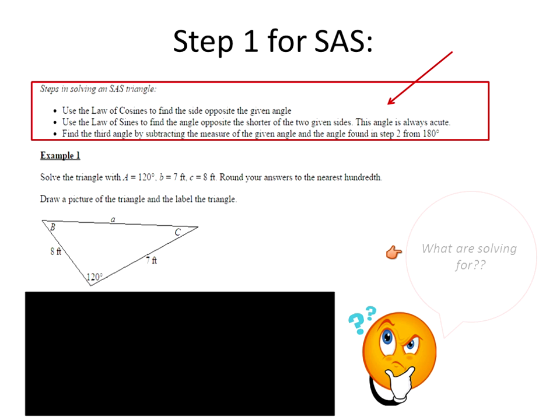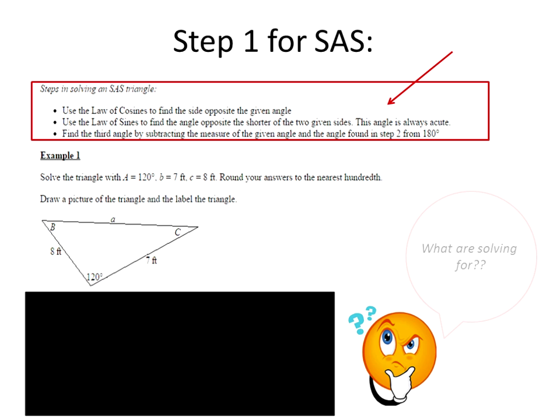So after we draw this, what are we solving for? We are solving for all of our unknowns in this triangle. So we have two sides and an included angle. Again, we use our law of cosines to help us solve for our first missing side. Our missing side there is a. So we're going to use our formula for a in our law of cosines and substitute into the formula.